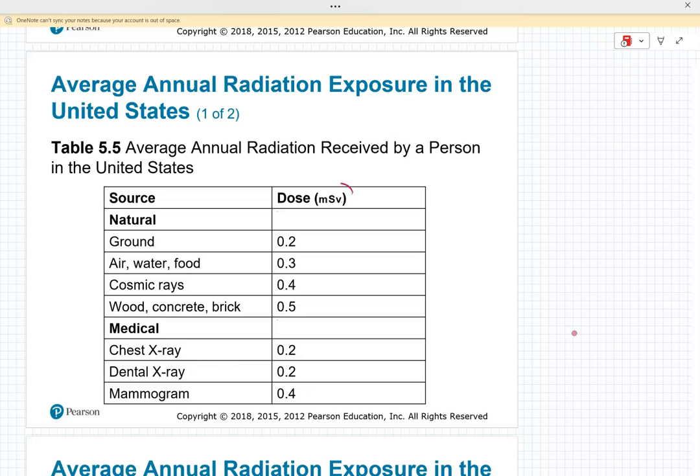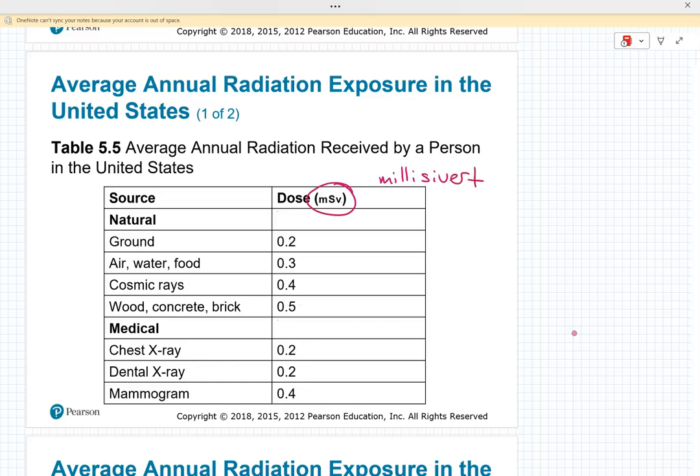So the reason why I don't like nuclear chemists and nuclear physicists, they invented a lot of units, and you're just like, okay, why sieverts? Sv is sievert, mSv is millisievert.